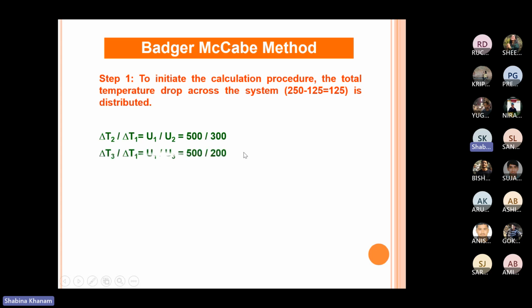Similarly, we can write delta T3 by delta T1. That is quite obvious, because we have assumed equal heat transfer in each effect, so Q1 will be equal to Q2 will be equal to Q3. In that way you can consider delta T2 by delta T1 and delta T3 by delta T1.